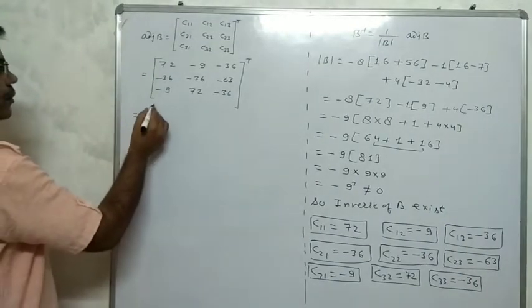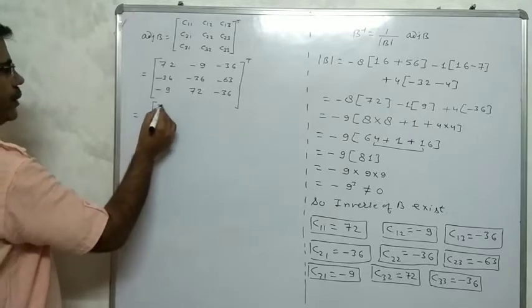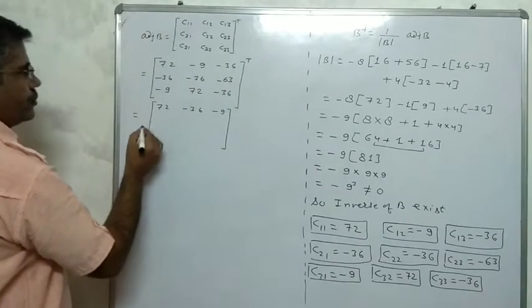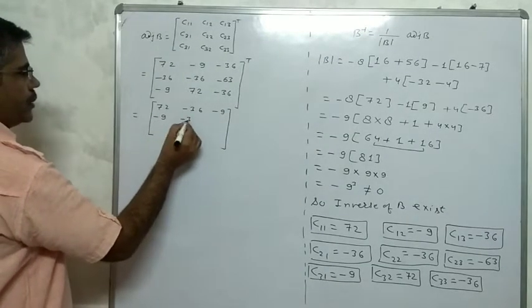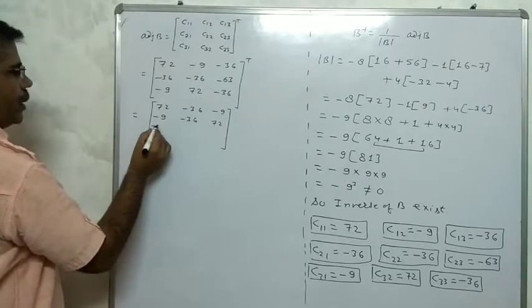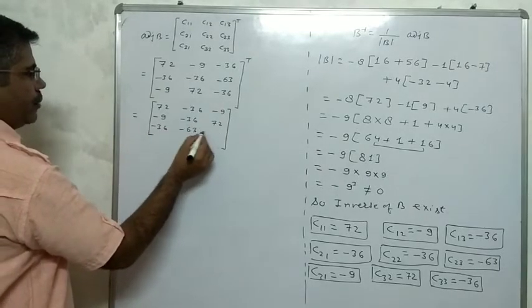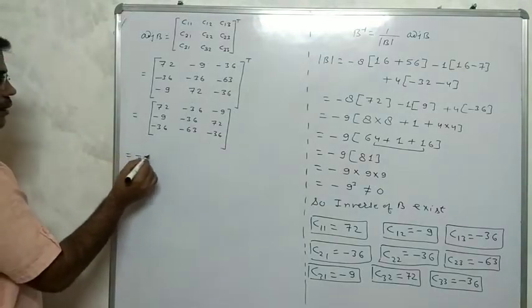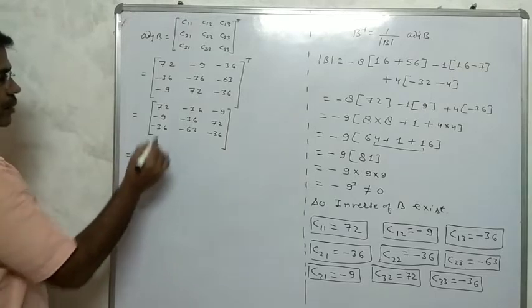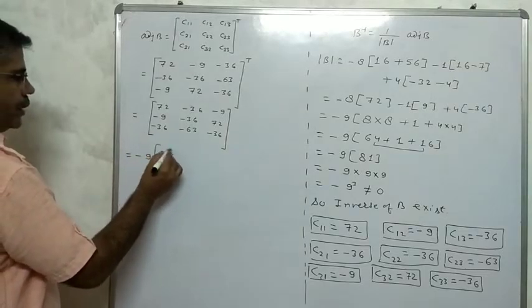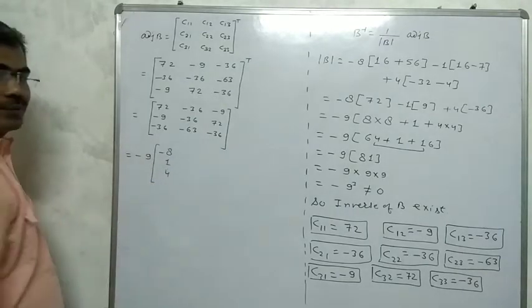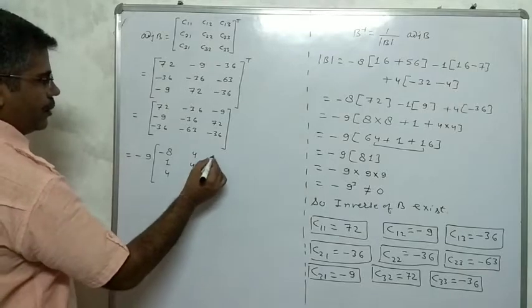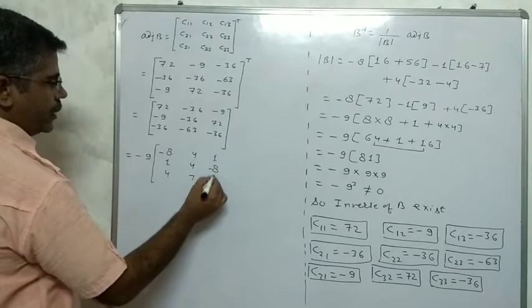We have 72, minus 36, 9, minus 9, minus 36, 72, minus 36, 63, minus 36. If we take common minus 9: minus 8, 1, 4, 4, 4, 7, 1, minus 8, 4.